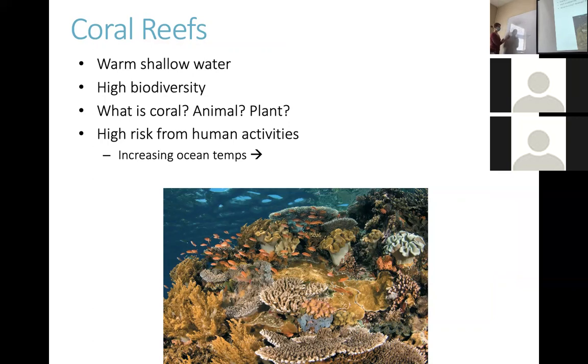These two aspects are two areas where we are impacting coral reefs. Increasing ocean temperatures basically kill the algae.